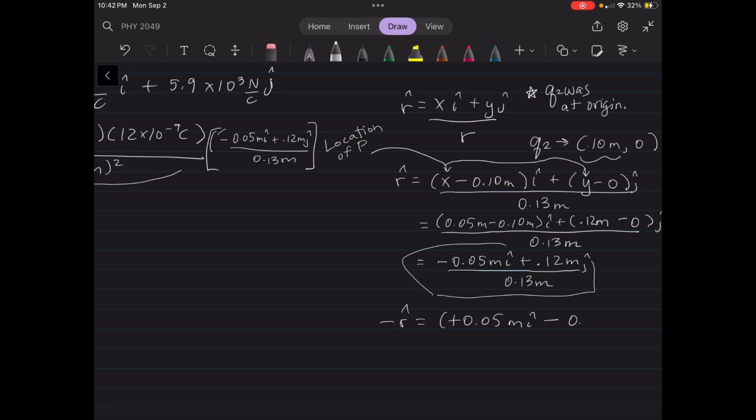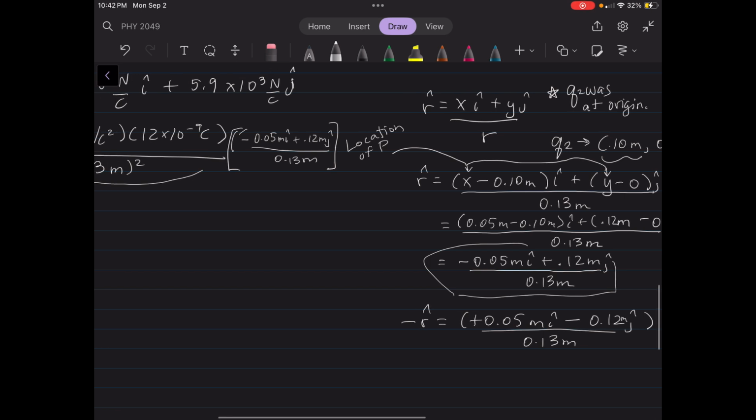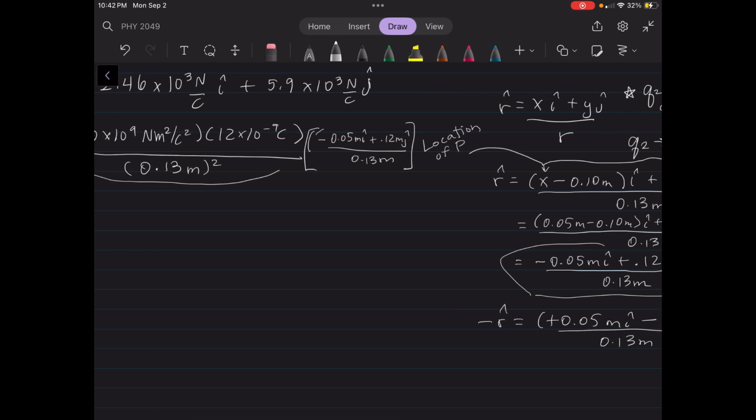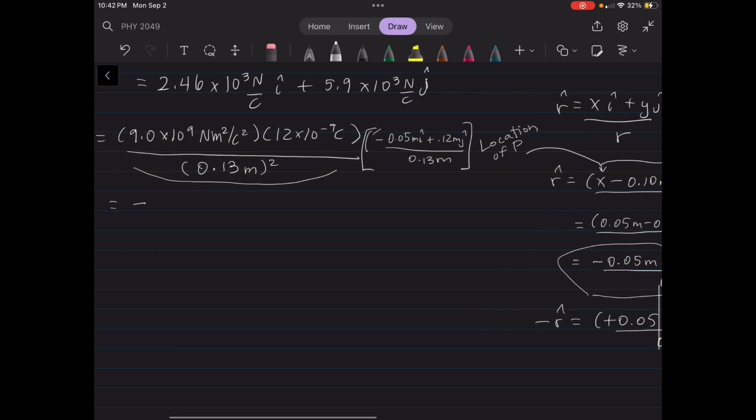it switches the signs of our X and Y direction. Okay, so that's what we're going to be plugging in here, our negative R hat. There we go.